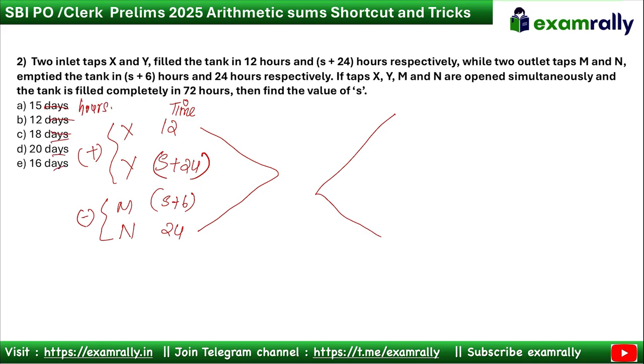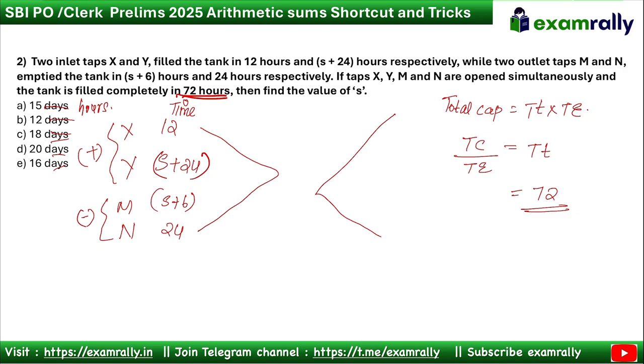Just at a glance, we can eliminate three options for S. We know total capacity equals total time taken into total efficiency, so total capacity divided by total efficiency will be the total time. Here the total time is given as 72.